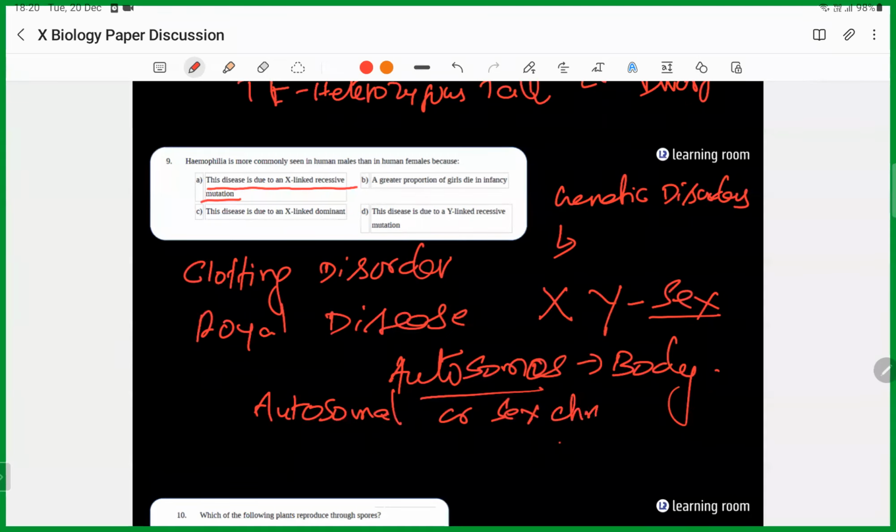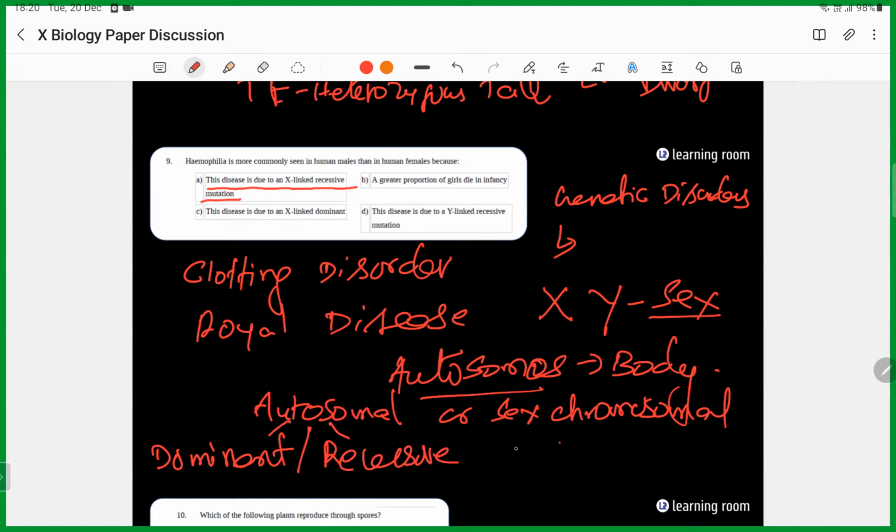Both are also classified as dominant and recessive: autosomal dominant, autosomal recessive, and sex chromosomal dominant and recessive.